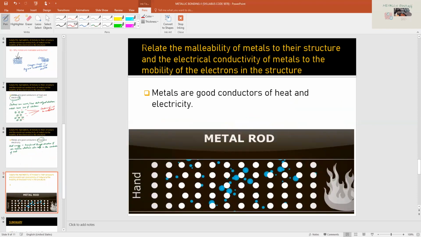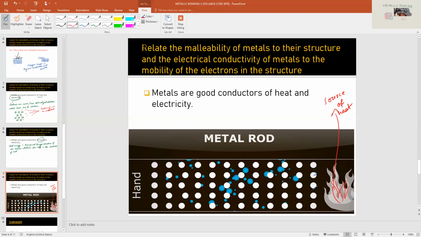You see the heat source here, fire or heat source. Metal atoms or ions near it get the energy or heat and vibrate. These are the metal atoms.